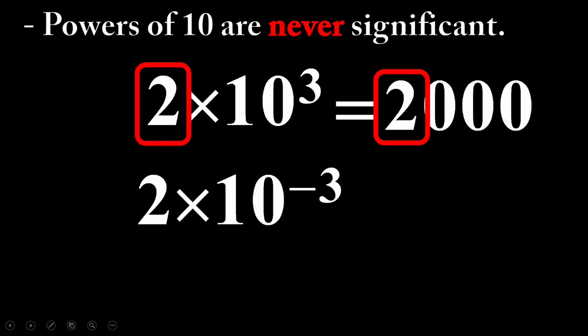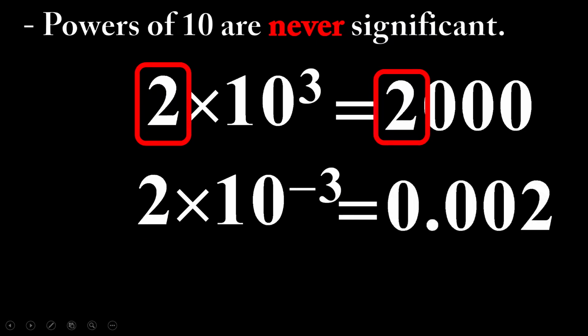Sometimes 10 to negative 3 in this value will have the role of the 3 leading zeros and it's disregarded again. So as you see, 10 to 3, 10 to negative 3 are trailing zeros or maybe the leading zeros and so on.